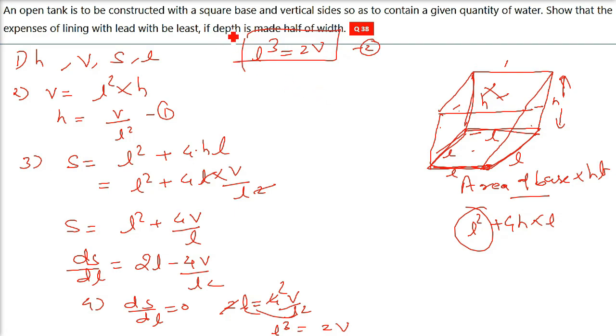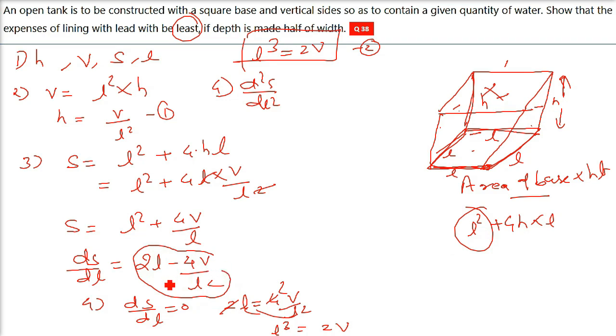What about the other thing? Depth has to be equal to half of width. In this case, we need to prove depth was H and width is L. So the depth, that is H, will be equal to L by 2. That is what we have to prove. Okay, I'll just go with that later, but we need to do the differentiation because we have to show also the least part.